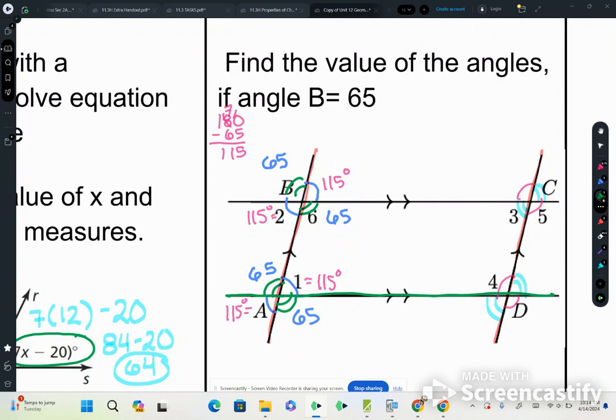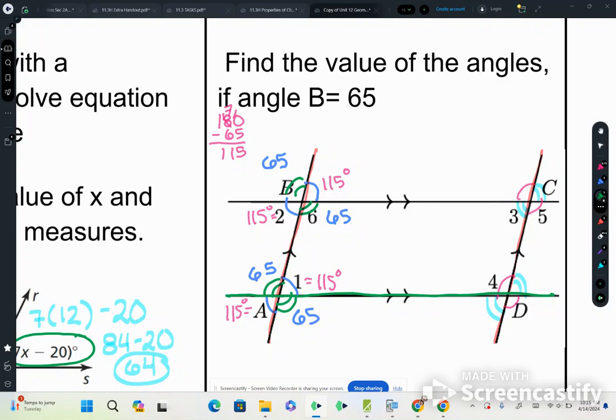So knowing that, and you already have your 65, 65, but even though we have it marked in a different color down here, we also know that if we have our A and our 1 is 115, then we know the alternate interior, which are our blue one.